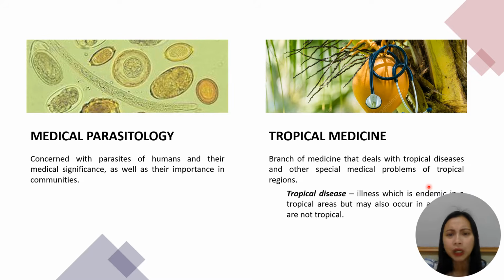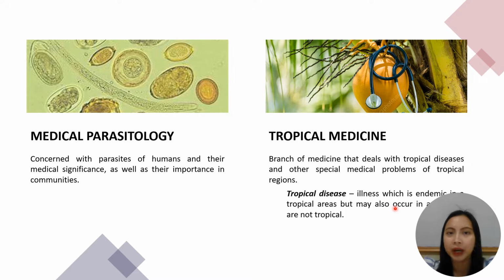So, under tropical medicine, they have something that they call tropical disease, and this tropical disease is defined as an illness which is either indigenous or endemic to that specific tropical area, but may also occur in sporadic or endemic proportions in areas that are not even tropical.